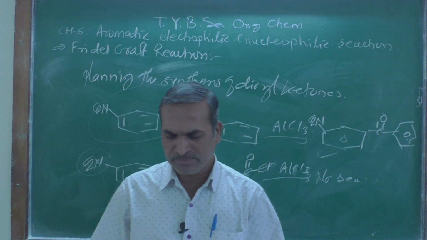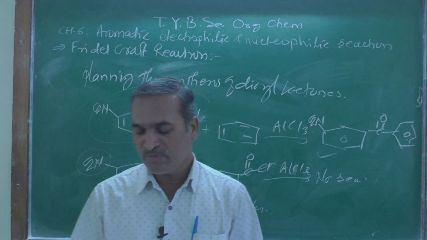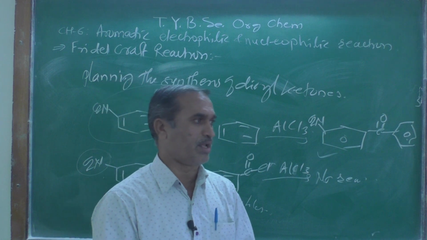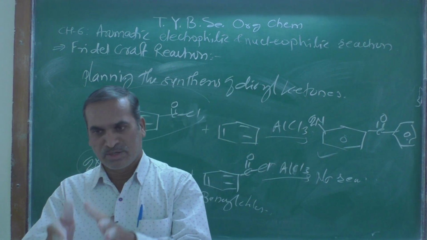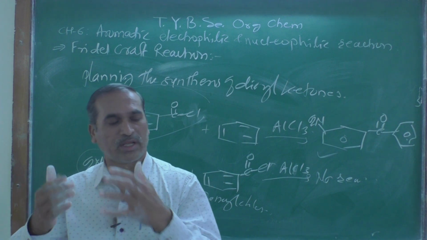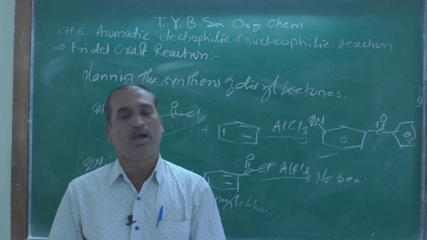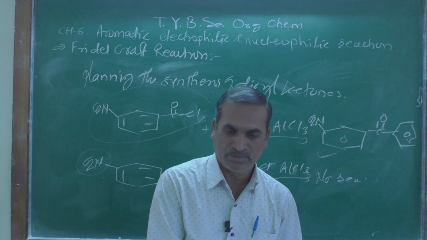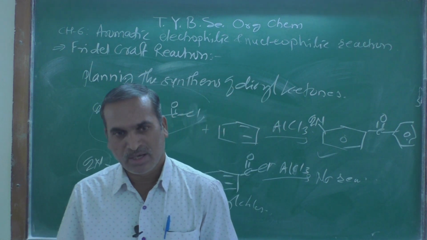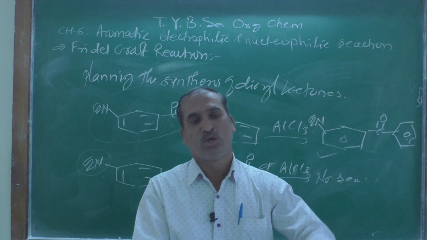So with this we have seen the Friedel-Crafts acylation reaction with its mechanism, and how it is superior to the Friedel-Crafts alkylation reaction. Even though it has some superiority, it also has two limitations.